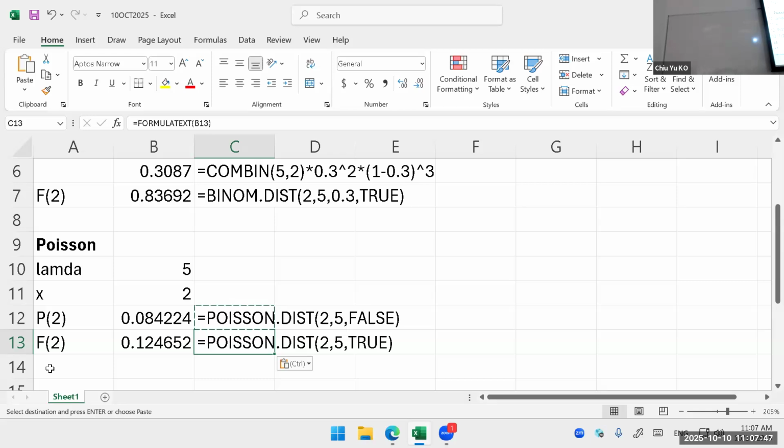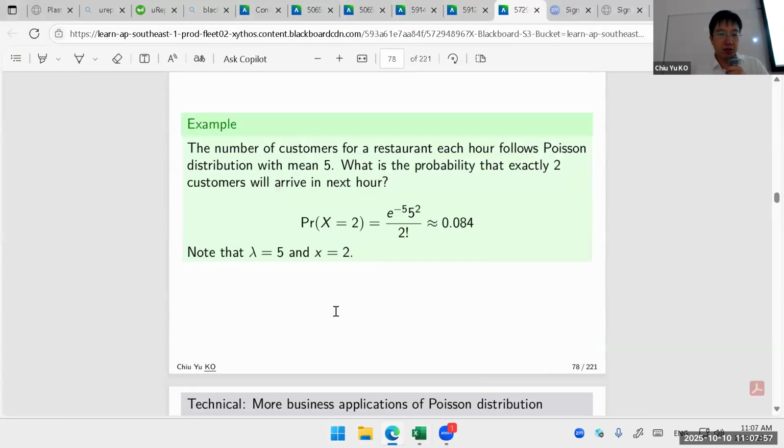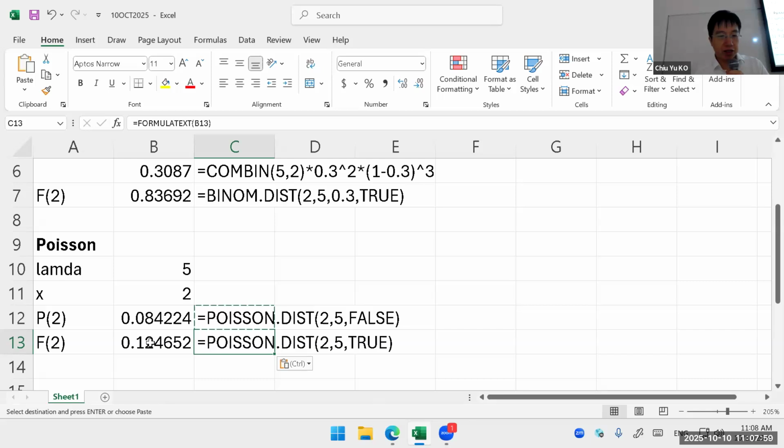Is that okay? We don't ask this one in the exercise, but this answers the question the same as the F, because F of 2 is saying P of 0, P of 1, and P of 2.